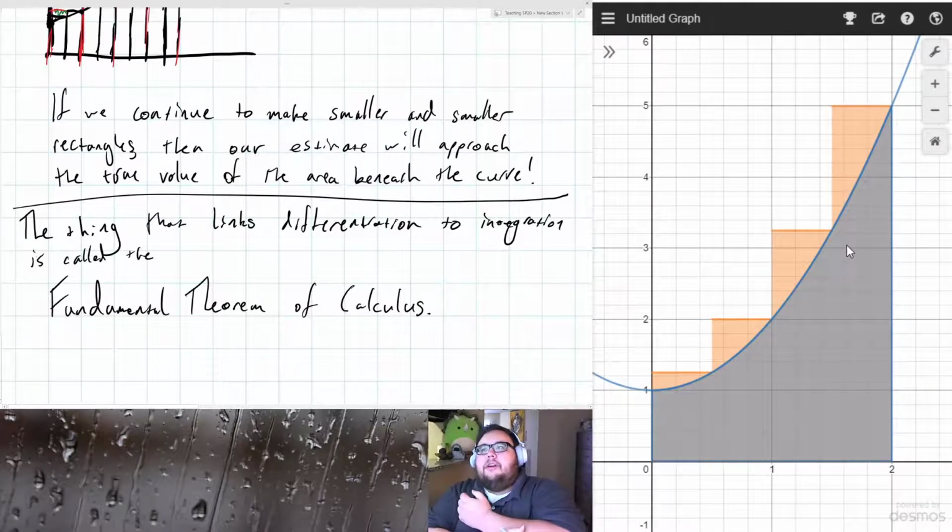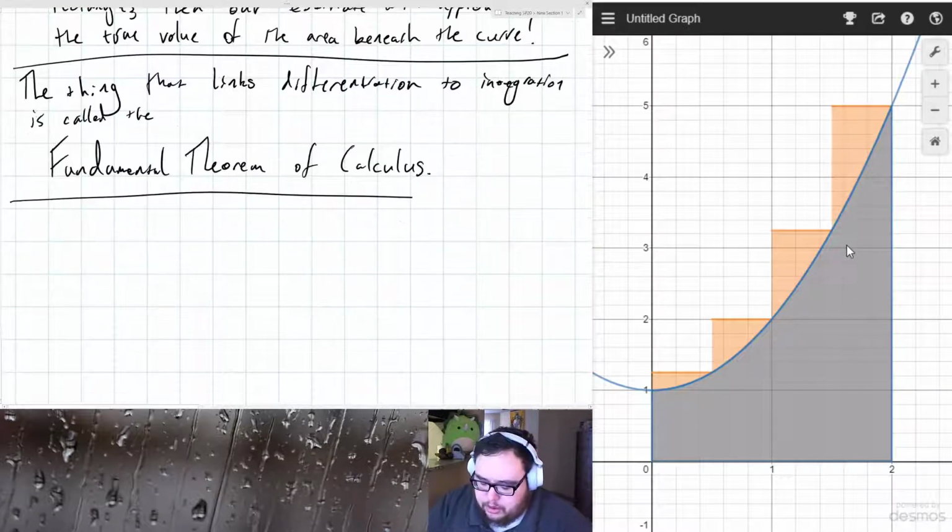And to get to the fundamental theorem of calculus, we need a little bit of notation. Okay, so let's do some quick notation.